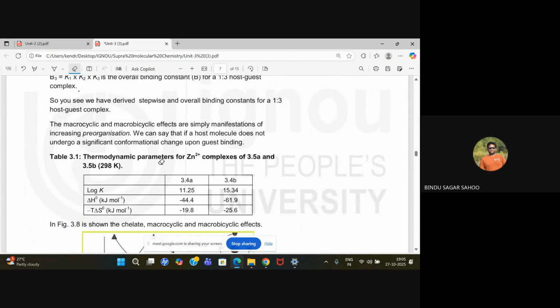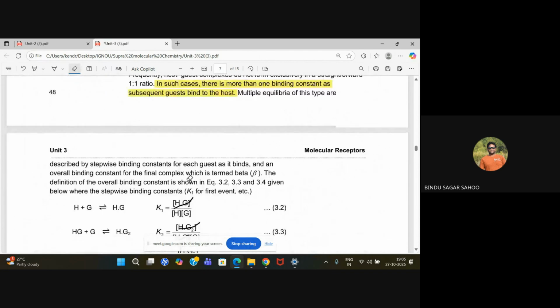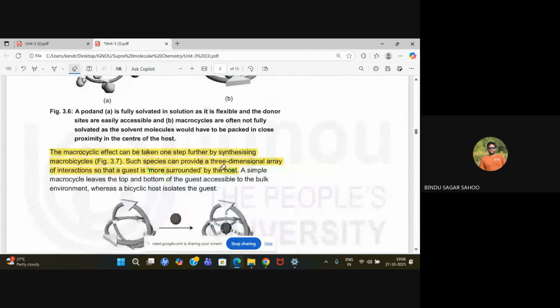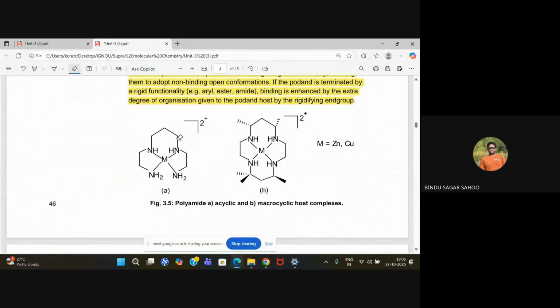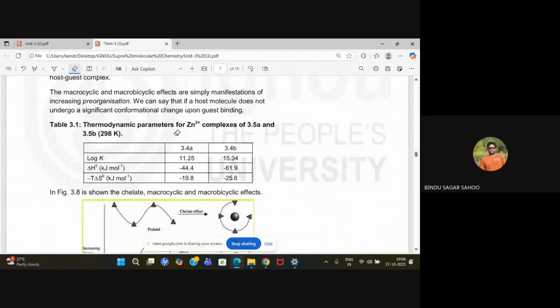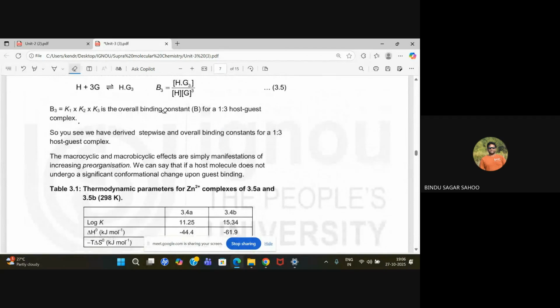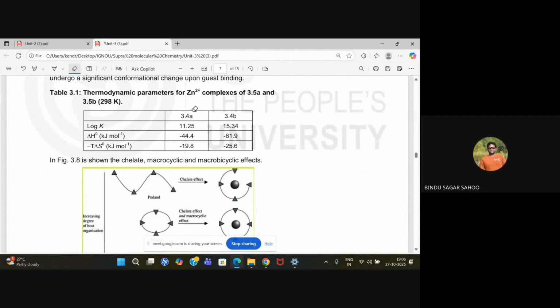So these are the thermodynamic parameters for the guest complexes of 3.5A and 3.5B. You can check here: this one is 3.5A, and B will be the macrocyclic complex, and this one will be the acyclic podand complex. We are calculating this overall constant K value for the 3.5A complex and the 3.5B complex.